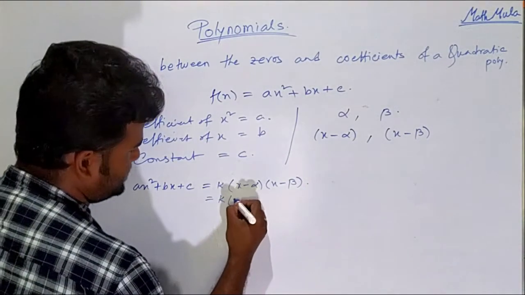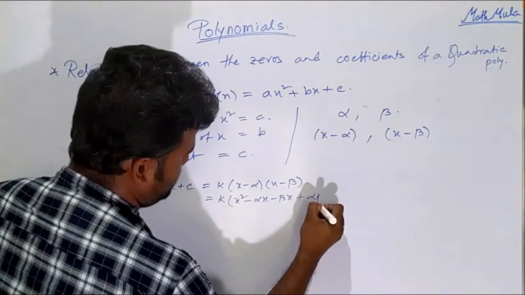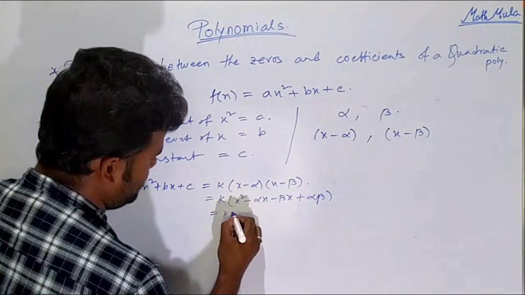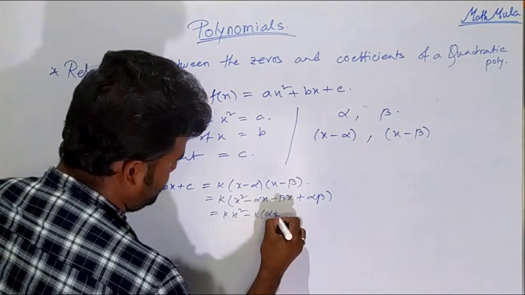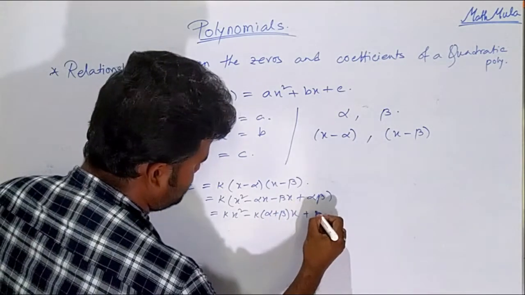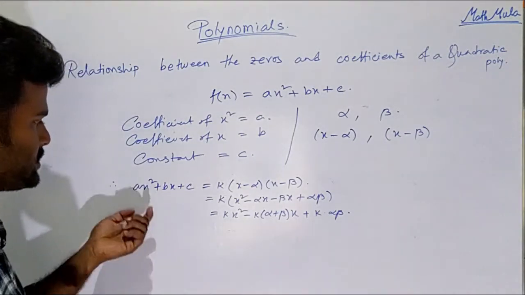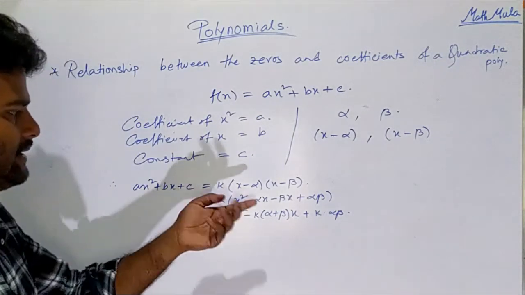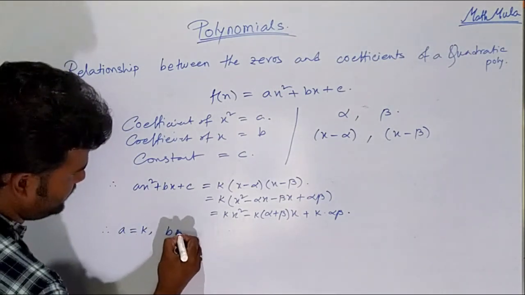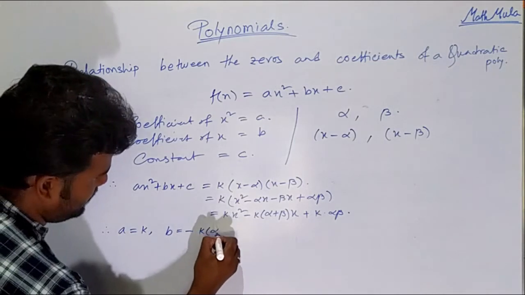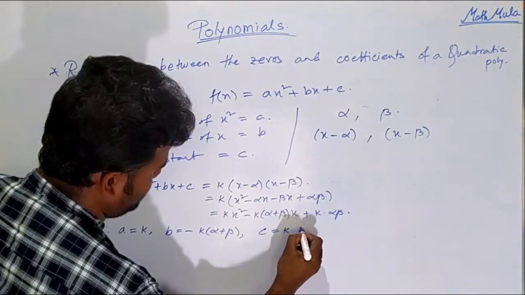Multiply this, x into x is x square minus alpha x minus beta x plus alpha beta. Now this is equal to k into x square minus k into alpha plus beta into x plus k into alpha beta. Now comparing the coefficients of x square, x and the constant term, we get a is equal to k, b is equal to minus k into alpha plus beta, and c is equal to k alpha beta.